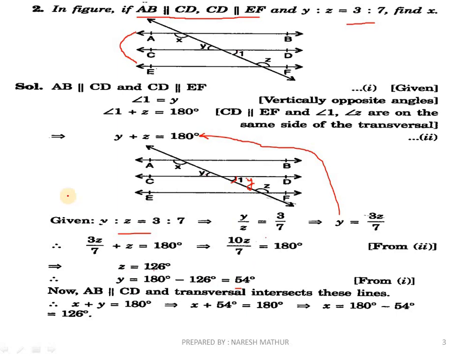Or simply we can do it in the traditional method: as it is given 3 and 7, we can write 3x plus 7x equals 180, so that we get the value of x first, and x would be 18, so the value of 3x would be 3 into 18, that is 54. So the answer is the same for angle Y and the same for angle X.